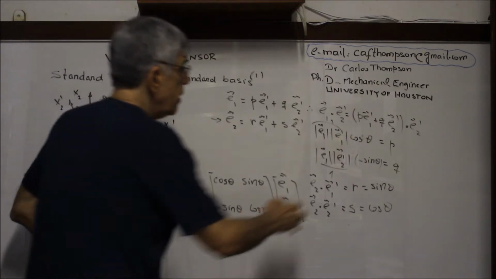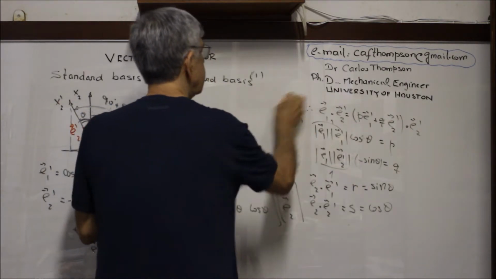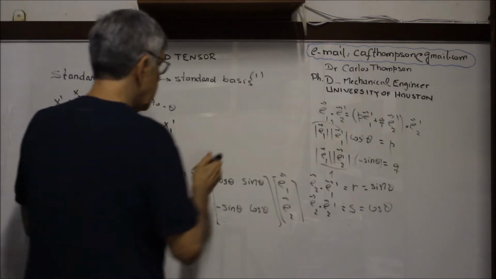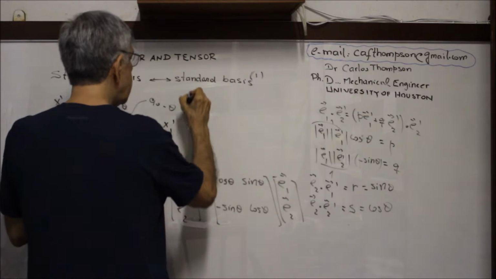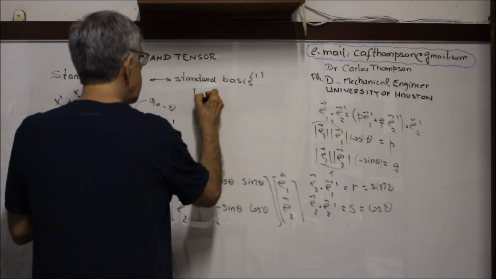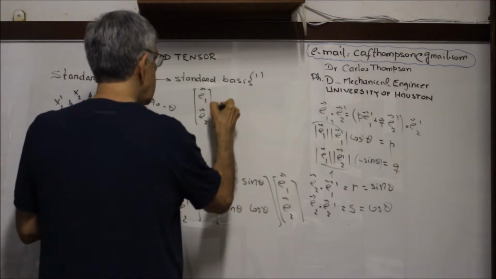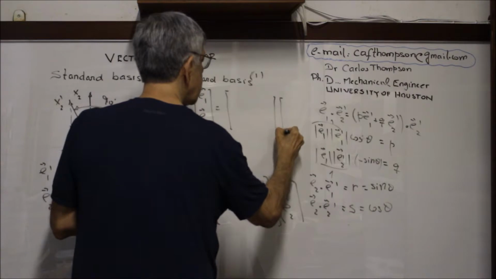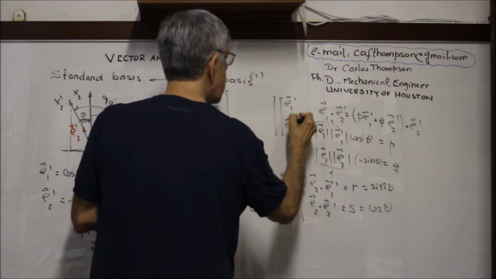Now, let's write down the matrix, because we have P, Q, R, and S. In this case, E1, E2 is equal to the matrix times E1 prime, E2 prime.